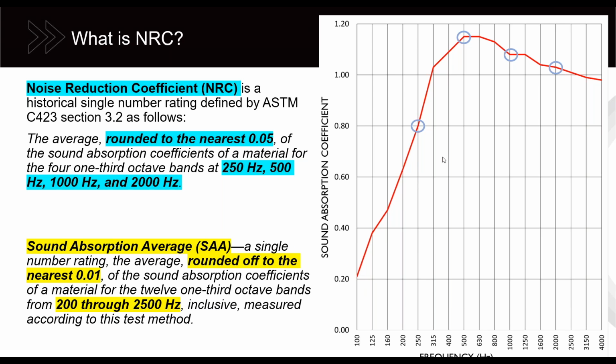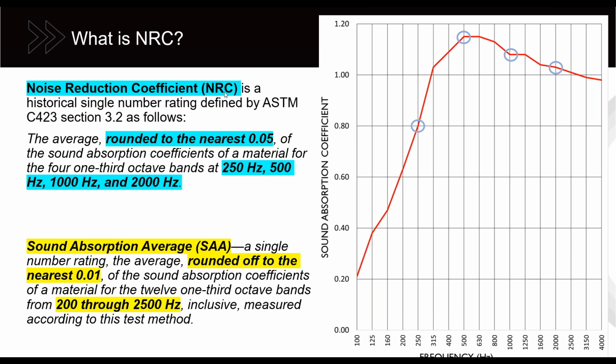This is sort of complicated, right? And if you're marketing acoustical materials, you don't want to have to explain, well, our material has 0.45 at 160 hertz and 1.1 at 1,000 hertz. You just want a single number that can be used in a broad way to compare material A to material B. So the traditional or historic rating for that single number was the noise reduction coefficient, or NRC.